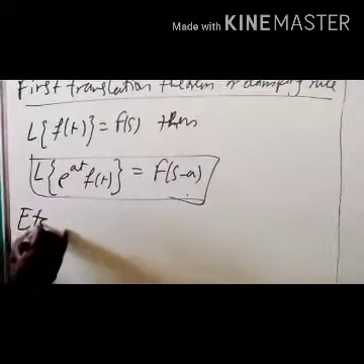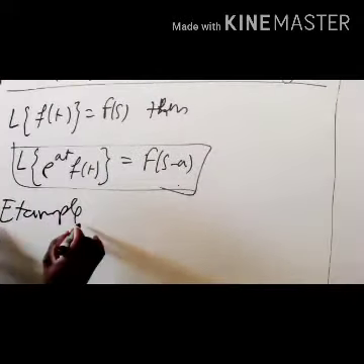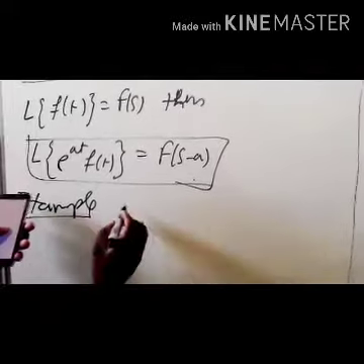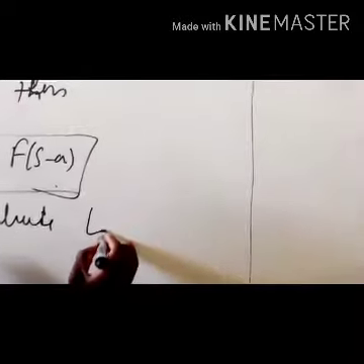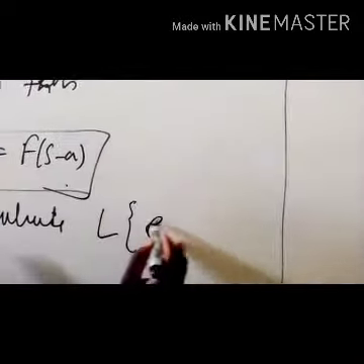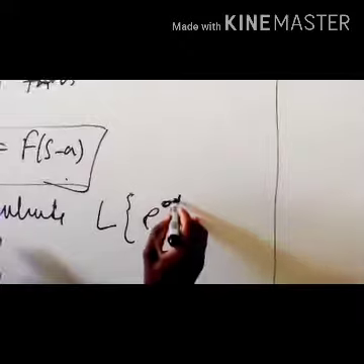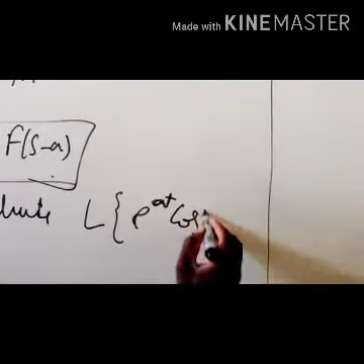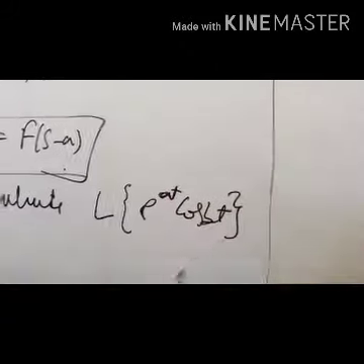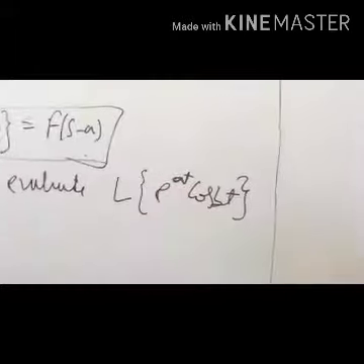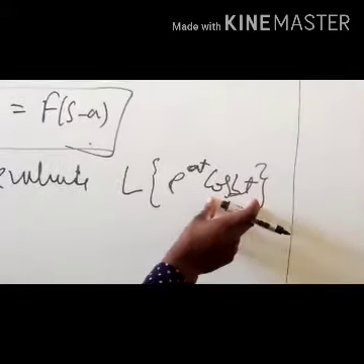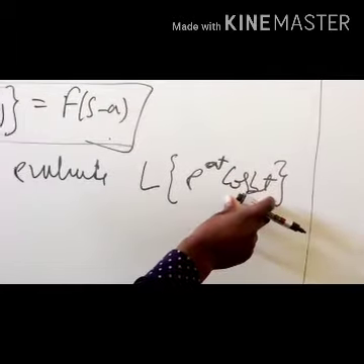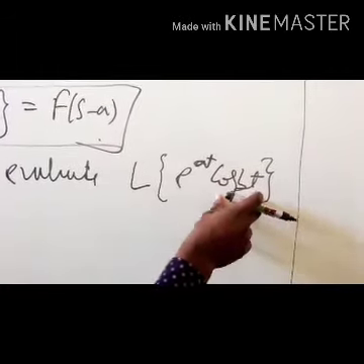For example, evaluate the Laplace transform of e^(at) cosine of bt. If you know the value of cosine of bt, you must replace it.